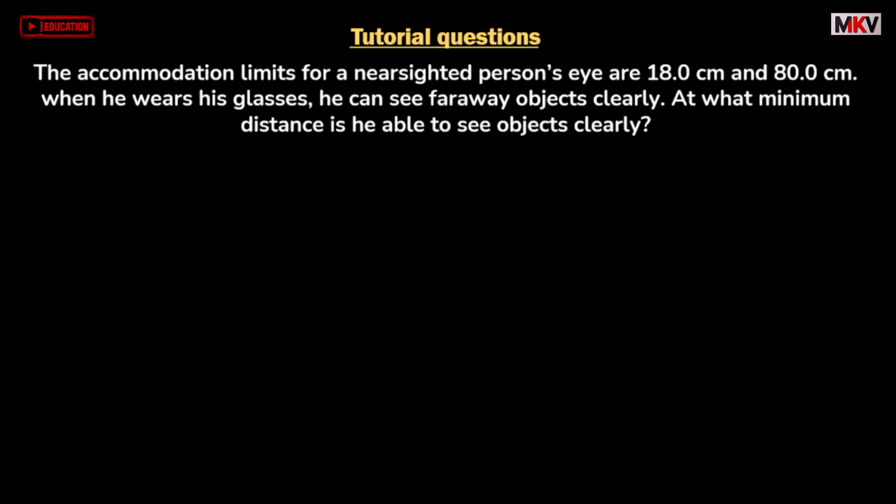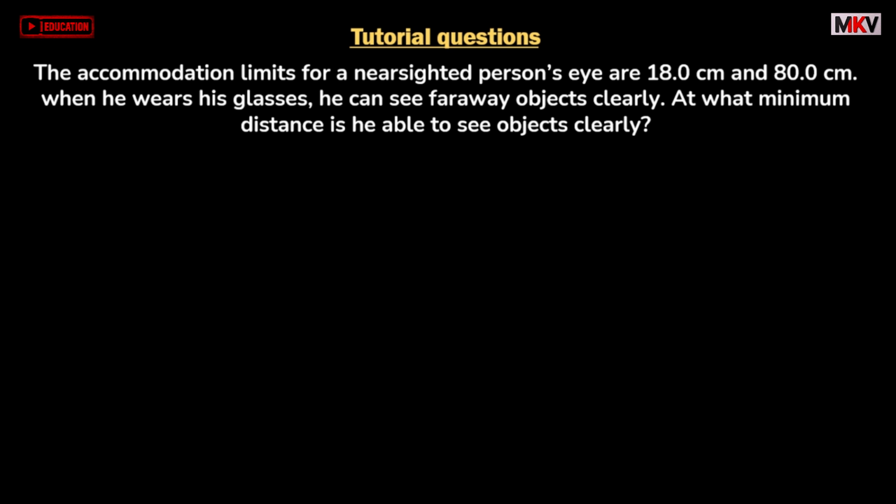So now another question is, the accommodation limits for a nearsighted person's eye are 18 centimeters and 80 centimeters. When he wears his glasses, he can see far away objects clearly. At what minimum distance is he able to see objects clearly? So a nearsighted person is someone who can see objects that are close to him or her.